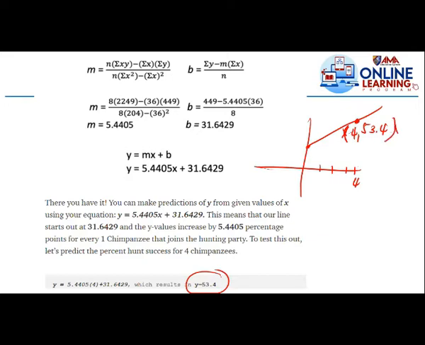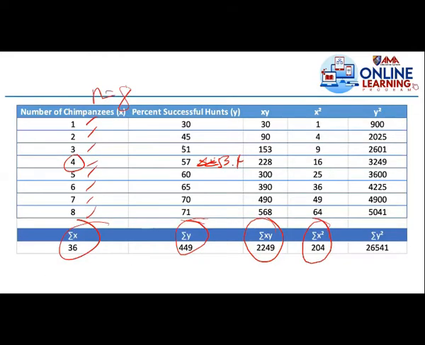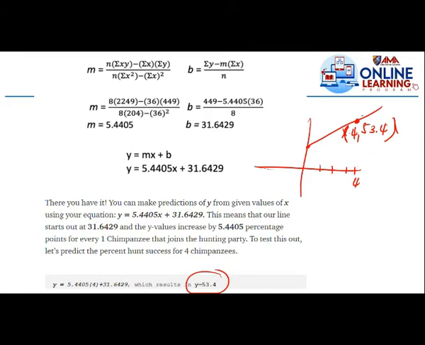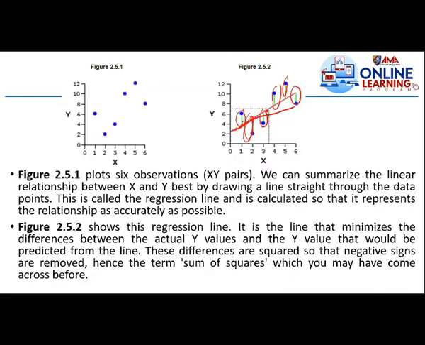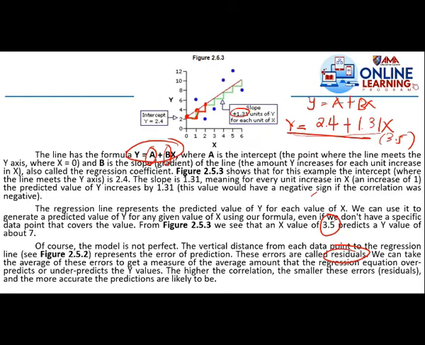Pero ang binigay sa 4 dito sa datasheet natin or sa ordered pairs natin, yung 4 daw is 57. So medyo mataas. So nandito yan, most probably. Same sila ng X, pero medyo malayo lang siya sa ideal, which is 53.4. So that's why ito, nakikita nyo, nandito yung regression line, pero malayo siya sa regression line.